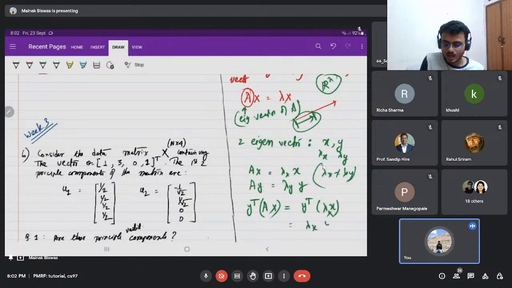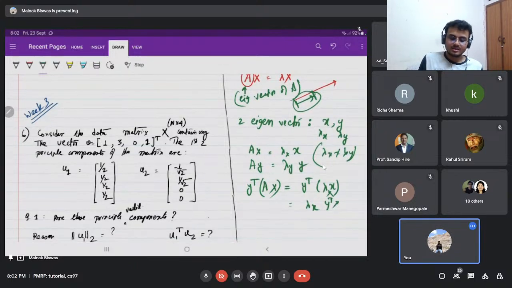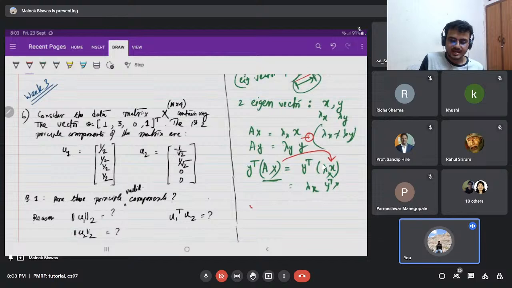So lambda x, y transpose x. Is this step clear? I'm just replacing this by this equation. And in the second equation I'll write y transpose Ax, which is also equivalent to (Ax) transpose y.